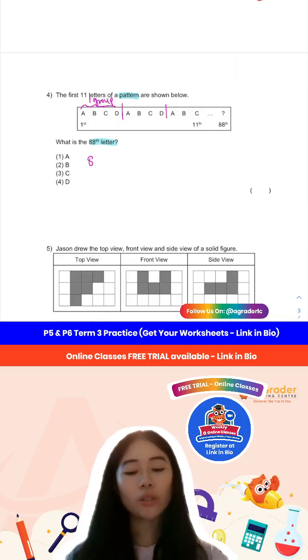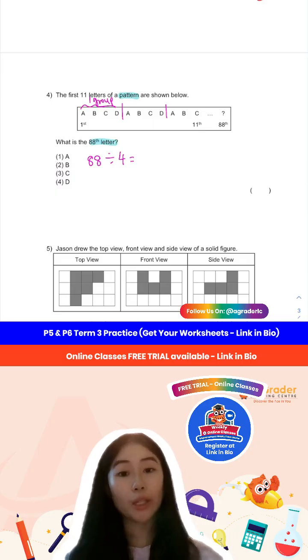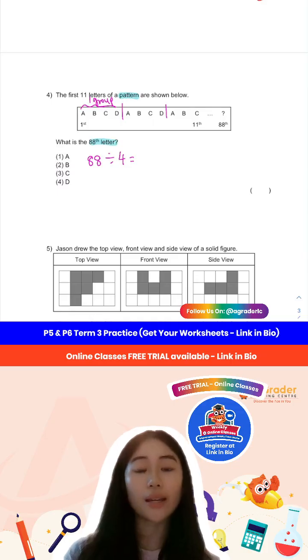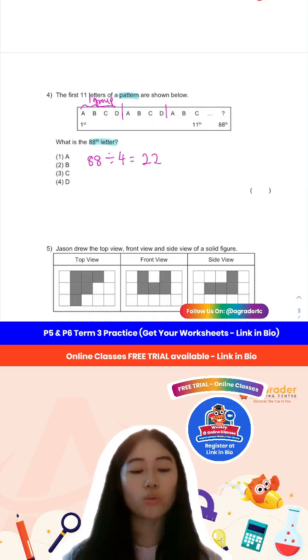So you're going to use the 88 alphabets divide by 4 alphabets to find out how many groups there are. Sometimes there will be remainder, but in this case there isn't any remainder. You get exactly 22 groups. So this means that the 88th alphabet is the last alphabet in the group.